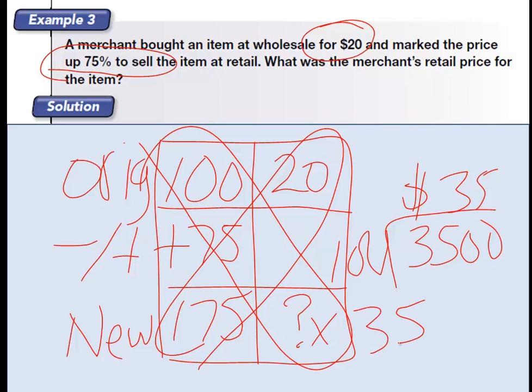Doesn't it make sense that if he paid $20 and marks it up 75%, it would be $35? You can kind of cheat a little bit on this one because 75 is a good round number. You know that 10% of 20 is 2, so 50% would be 10, 25% would be 5, so 75% would be $15, and you can add them together and get the same $35.